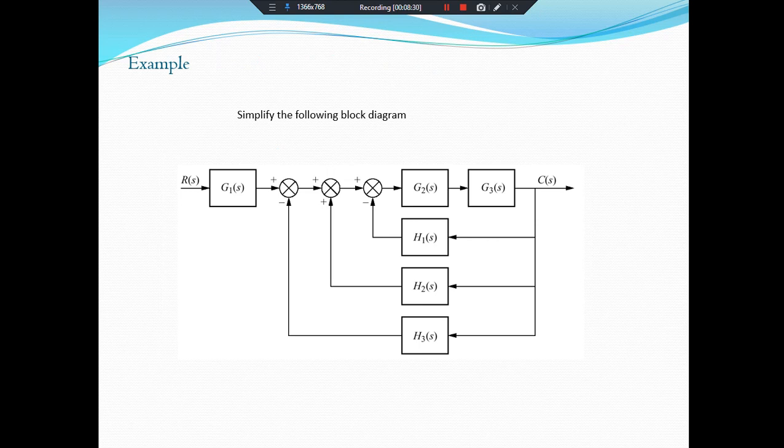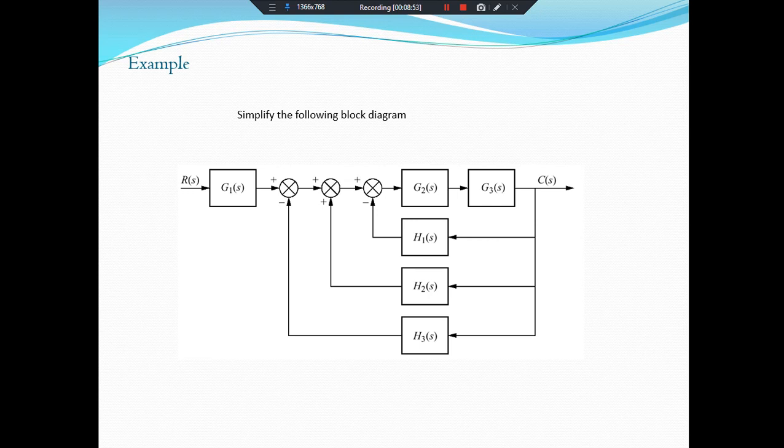I will repeat again that for block reduction we should be familiar with the terms: what is a pickoff point, what is a summing junction, what is a feedback path, what is forward path gain, what is the input, what is the output.